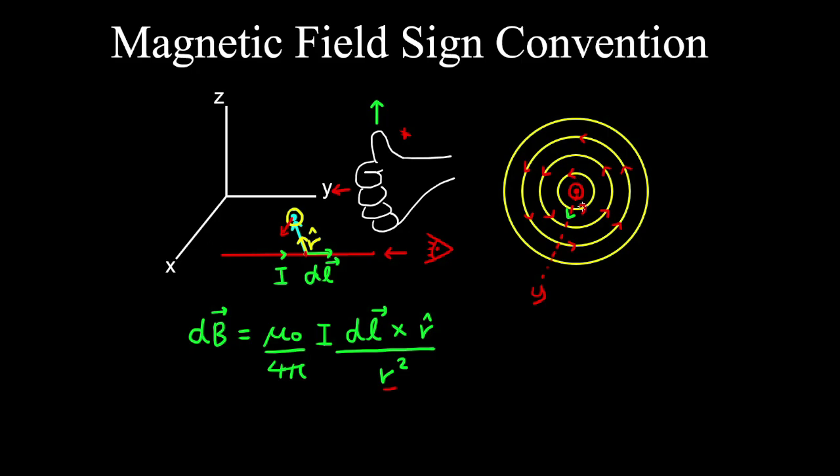So if instead we're looking from the back of the wire, then the current is going to flow into the screen, and the magnetic field lines are going to be clockwise in this case. So as you can imagine, this magnetic field vector will be pointing to our right.